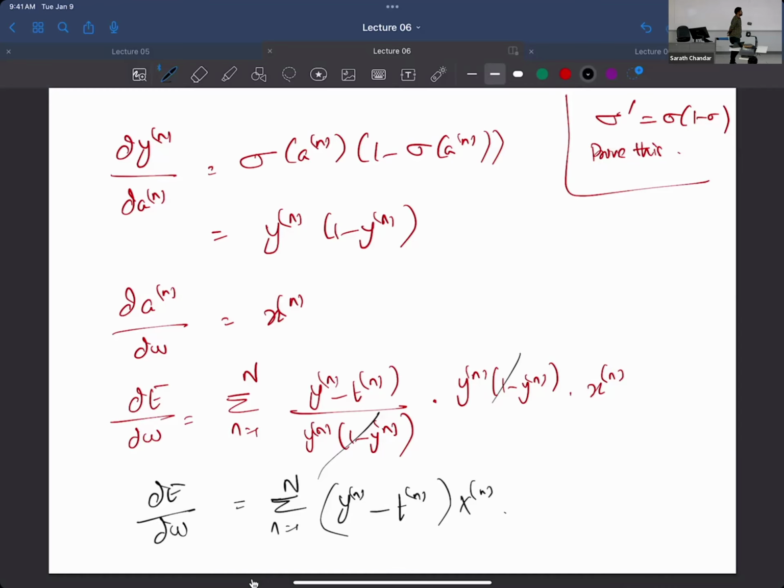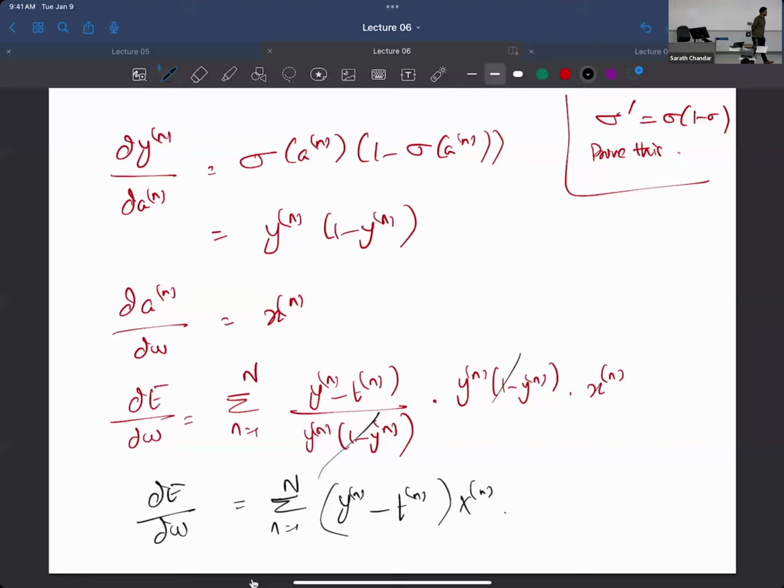Yes, the y minus t times x. It's so similar. Do you notice the similarity? It's actually exactly the same.